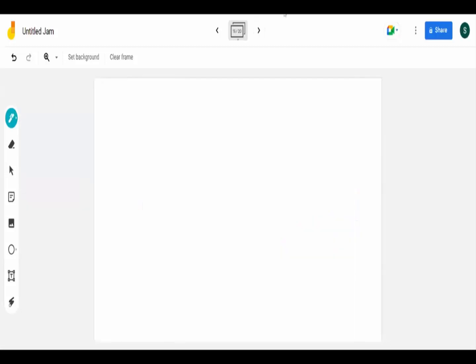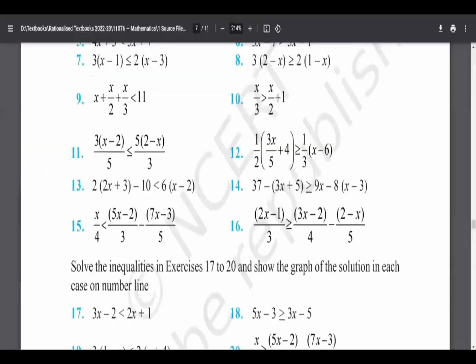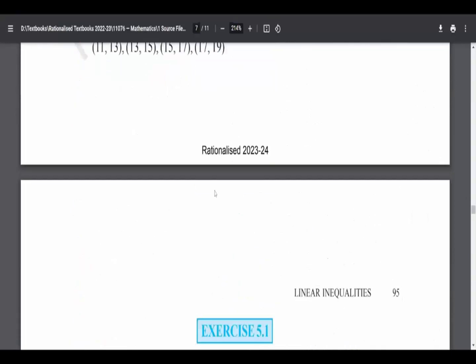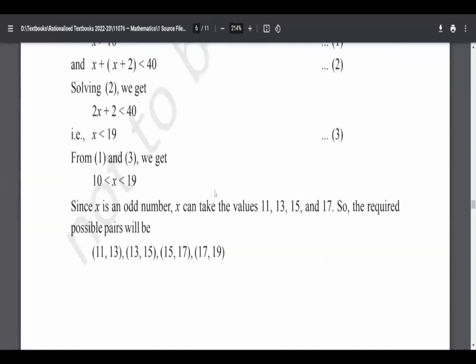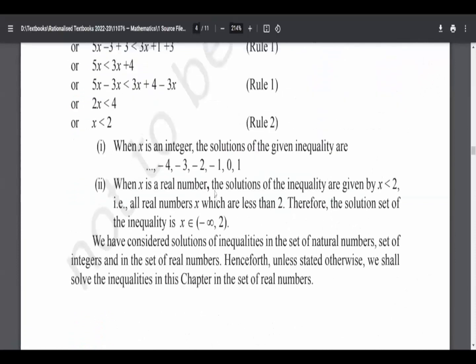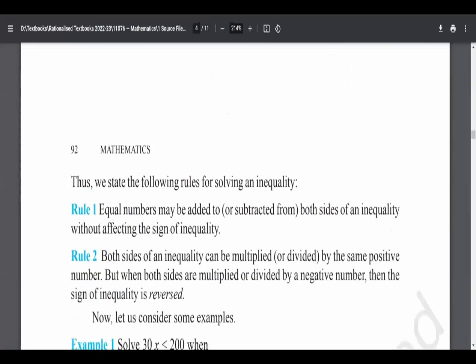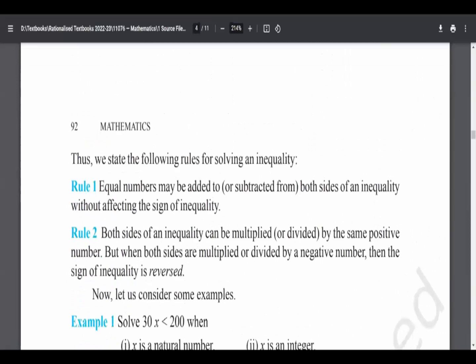Okay. As till now, you have noticed what we have done is simply simplifying. You can add and subtract. We have to just follow the two rules, and the two rules you can see given here. That is, we can add and subtract. This is rule 1. Equal numbers may be added or subtracted on both the sides without affecting the sign of inequality.